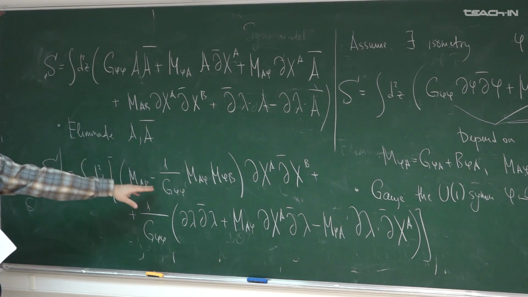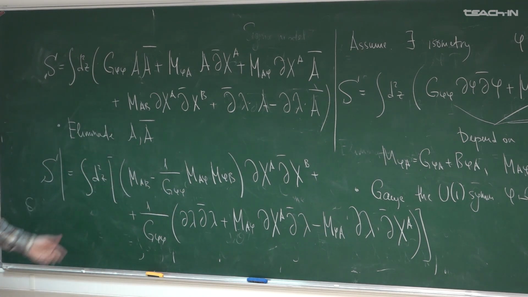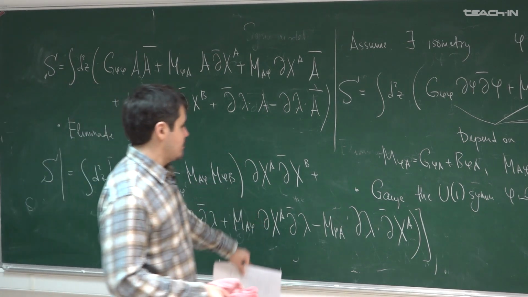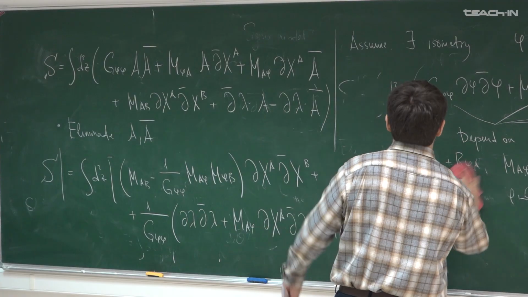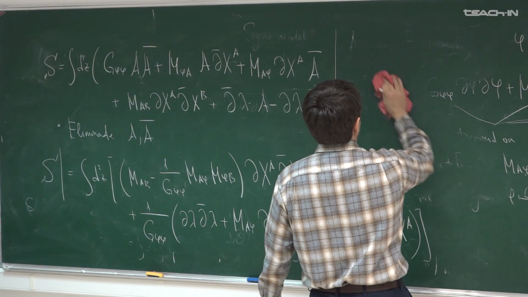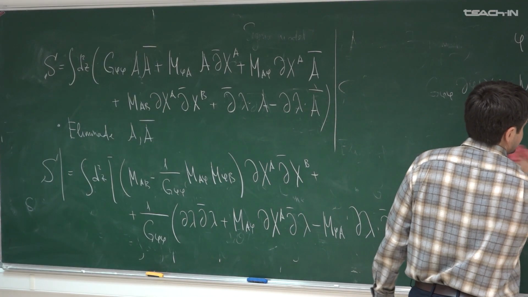That's why G phi phi goes in the denominator everywhere. So you again get some geometry. So you get an action similar to the one we had before, meaning that it's still a quadratic form in dx d-bar x, but the value of M is drastically different now, right?